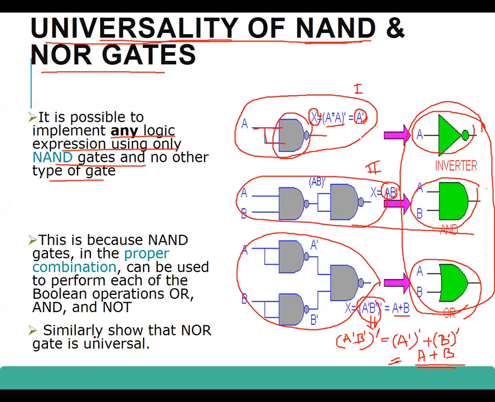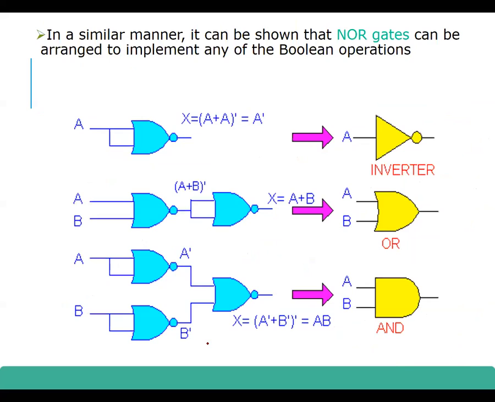Similarly, we can show that NOR gates are also universal. To prove that, you have to show that all three basic logic gates can be drawn using only NOR gates. Okay, so that should be the proof.